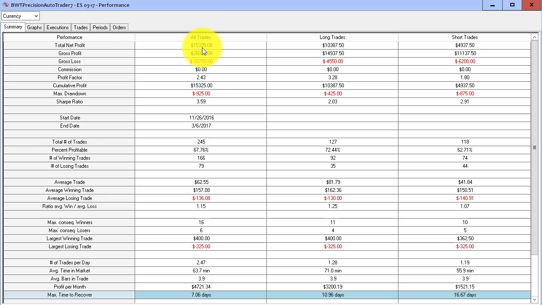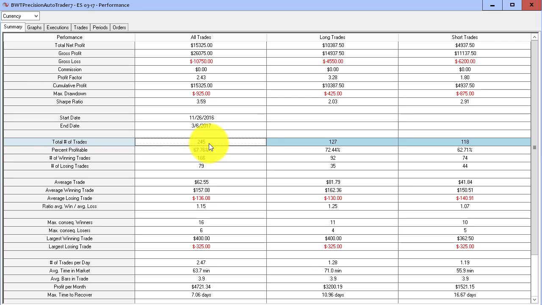We have actually 15,325. And we have the profit factor here. This means that it made $2.43 for every dollar it lost. It made 2.43. So this is a very good, very strong profit factor.